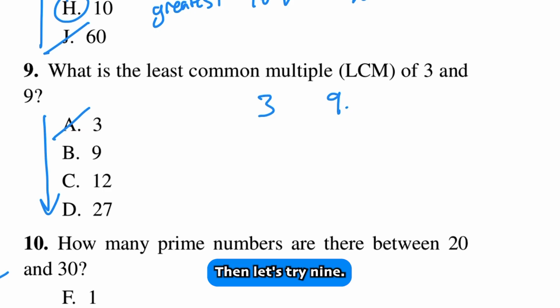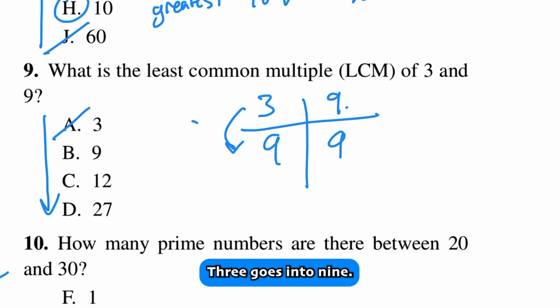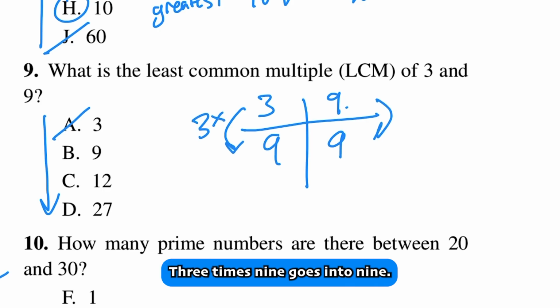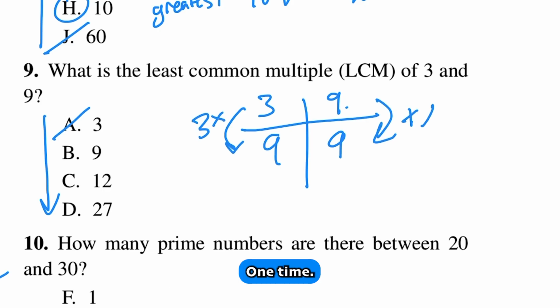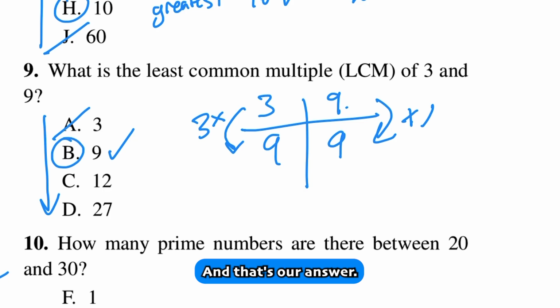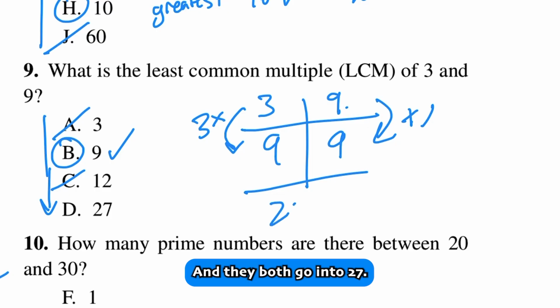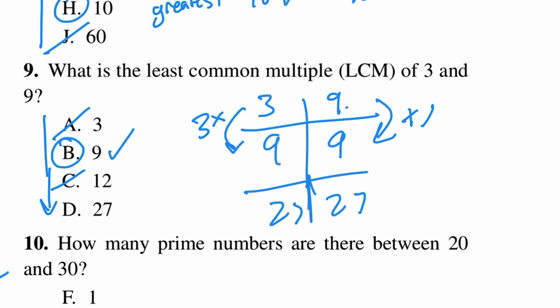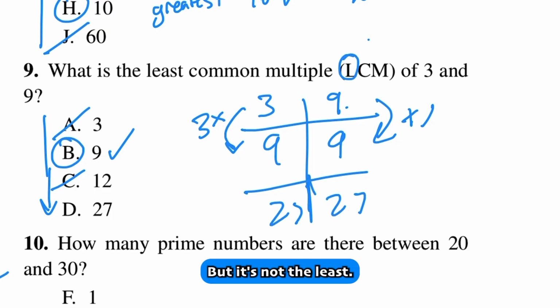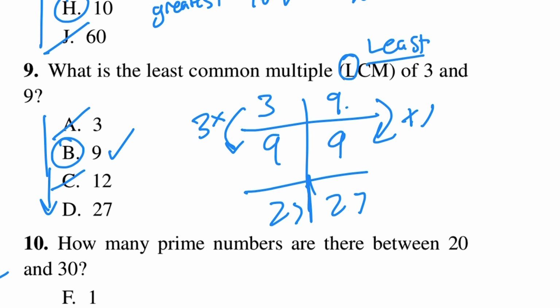Then let's try 9. 3 goes into 9 3 times. 9 goes into 9 1 time. That looks good. And that's our answer. 12 doesn't work at all. And they both go into 27, but it's not the least. 9 is the least.